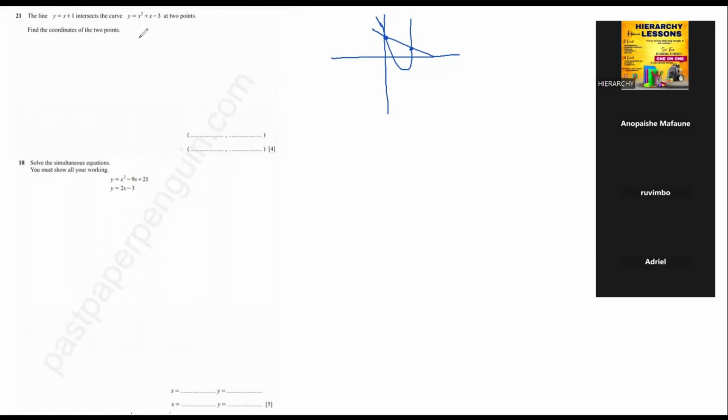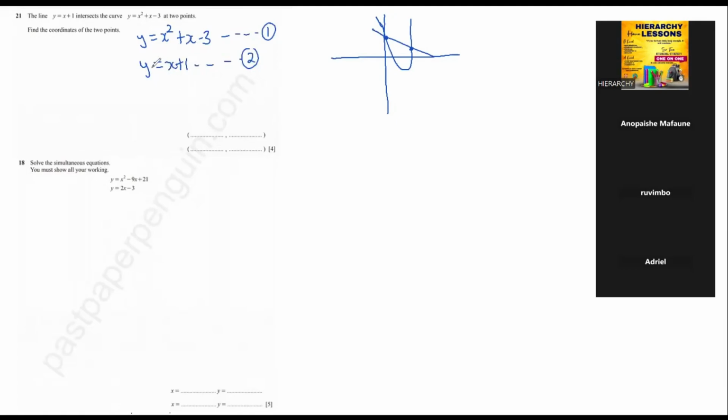So which means we're going to say y is equal to x squared plus x minus 3. That will be our equation 1. And then the equation of our line, y is equal to x plus 1. That will be our equation 2. So we are solving these equations simultaneously. So we just use the substitution method.